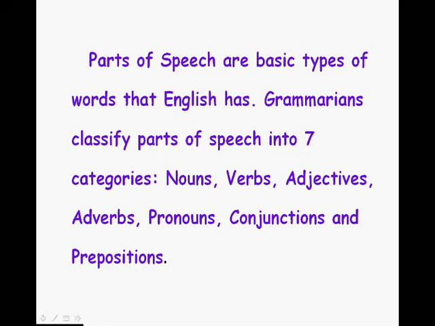Today we are going to look at some of these categories, and in another lesson we are going to complete them. So again, the parts of speech are classified into nouns, verbs, adjectives, adverbs, pronouns, conjunctions, and prepositions.